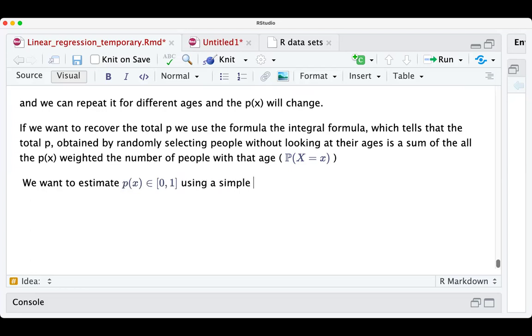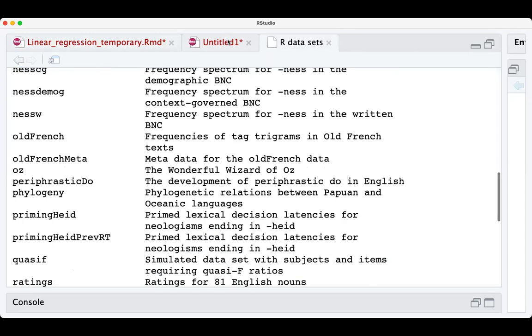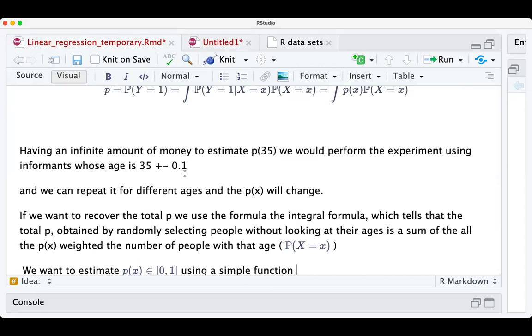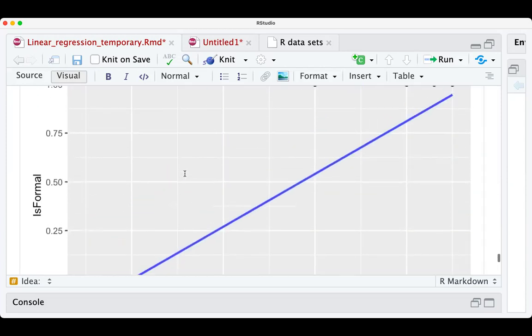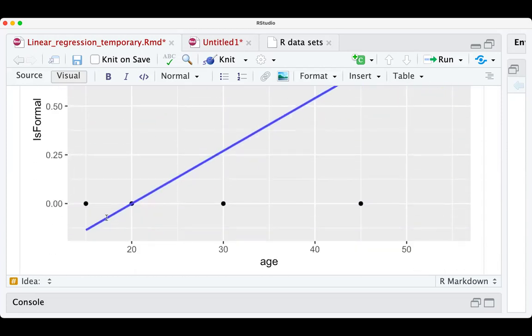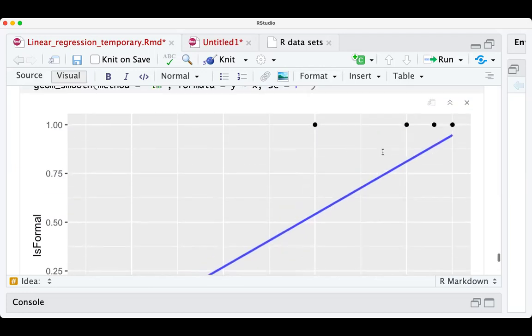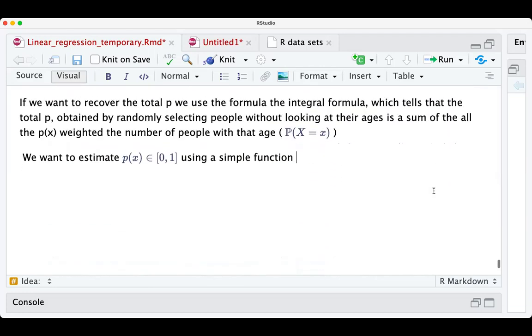But we have seen that a line is not really a good choice, because we go here and p would be negative or greater than 1.